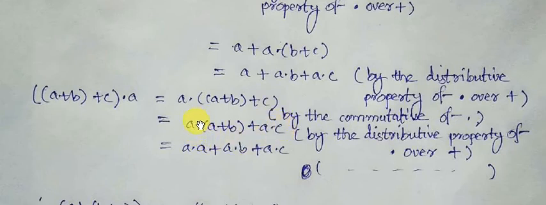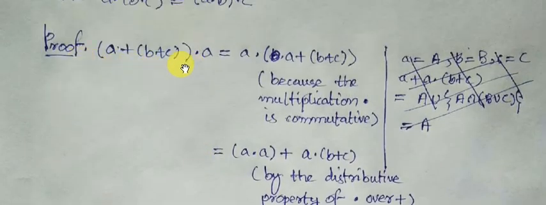And here we are using again the distributive property of multiplication over addition, so this line is equal to a into a plus a into b plus a into c. And we also know that a into a is equal to a from the idempotent property in Boolean algebra. So actually this is equal to a plus a into b plus a into c, which is equal to the previous line.